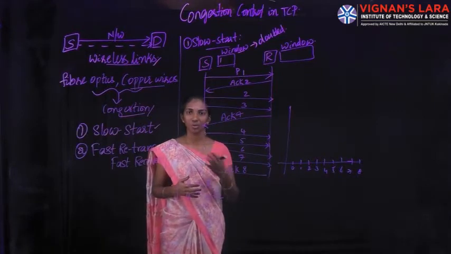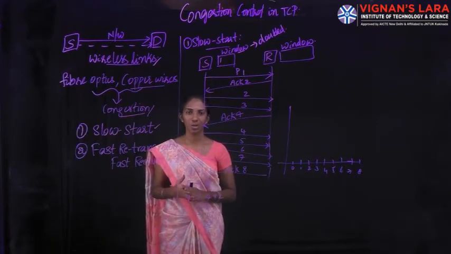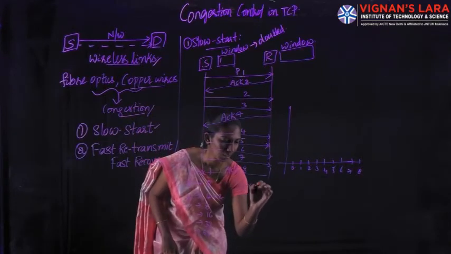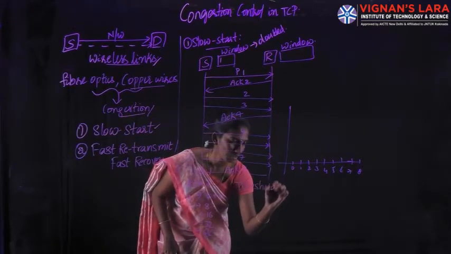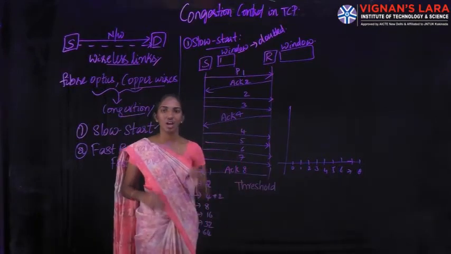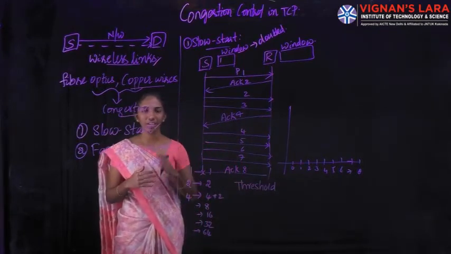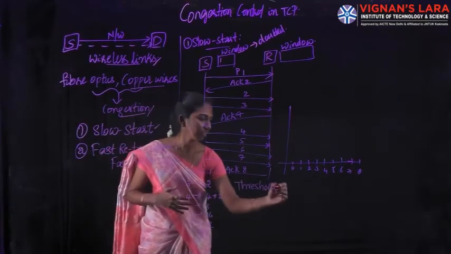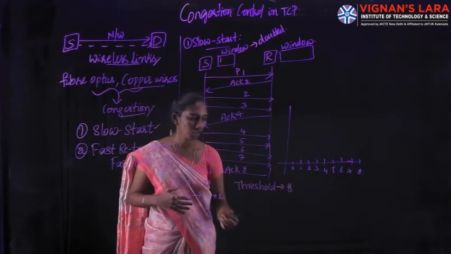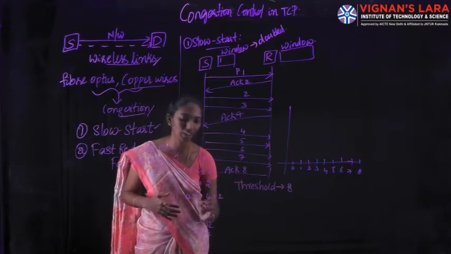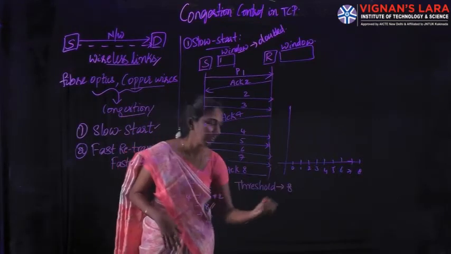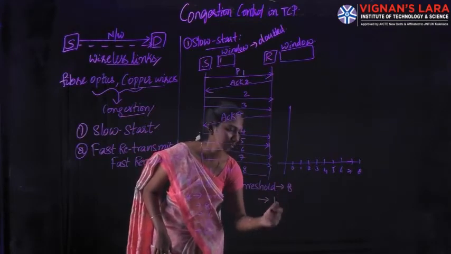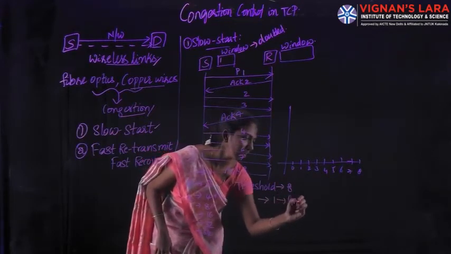So in order to reduce this, what we are doing is keeping a thing called a threshold. This threshold indicates up to which maximum level the data needs to be transmitted in an exponential way. So assume that my threshold is 8. Up to 8 the data will be transmitted in an exponential way, and after that it needs to increase by 1. That means here we are going to get a linear phase.